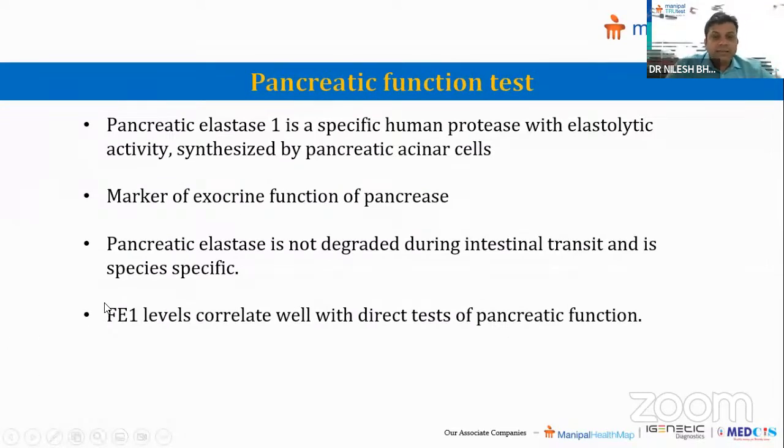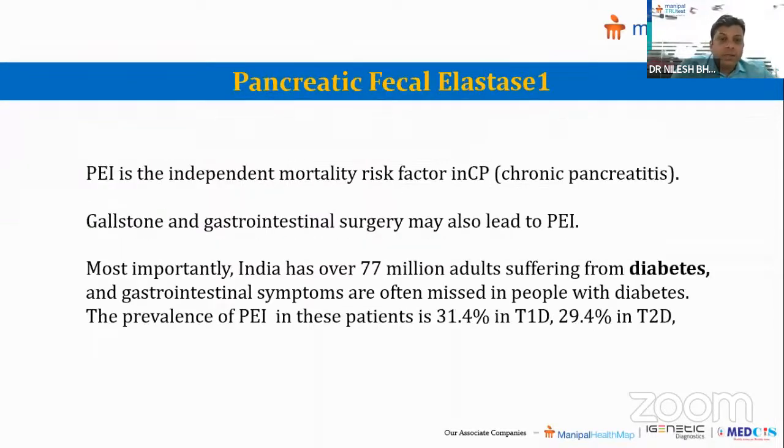Since pancreatic elastase is not degraded while it passes through the intestine, and it is more specific to the pancreas, it can be used as a sole marker for determining pancreatic exocrine function through the feces. The level correlates very well with pancreatic function.